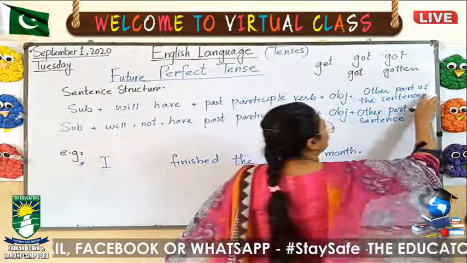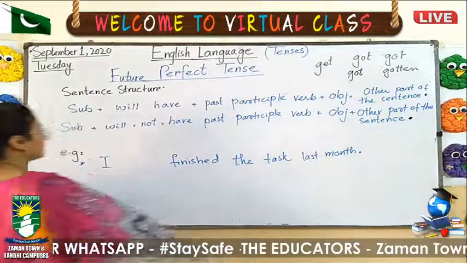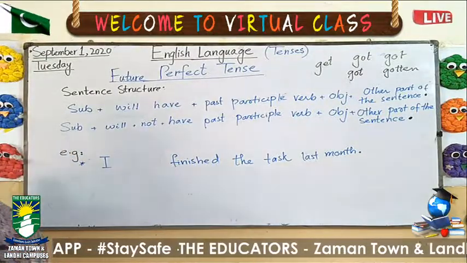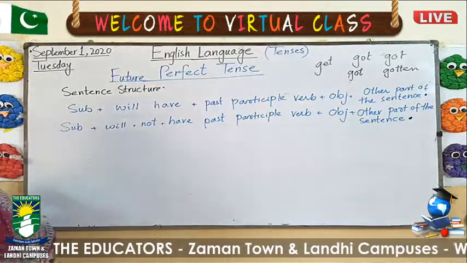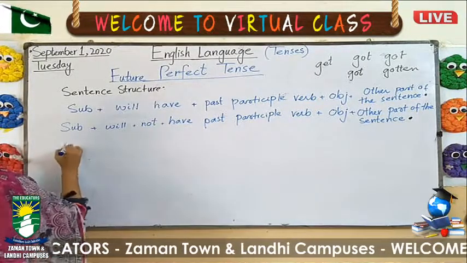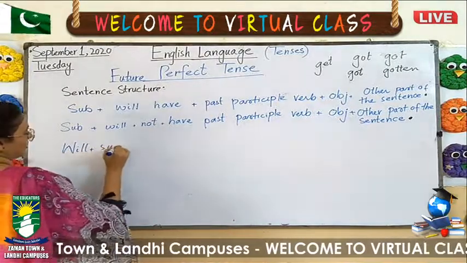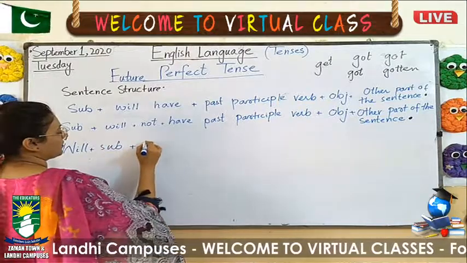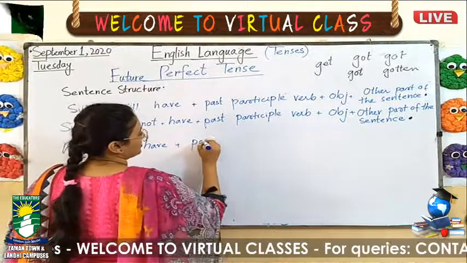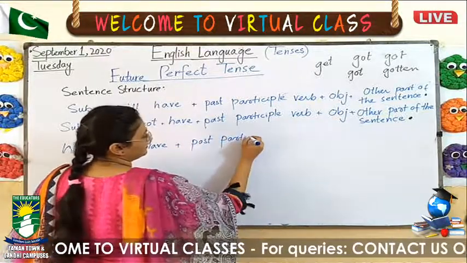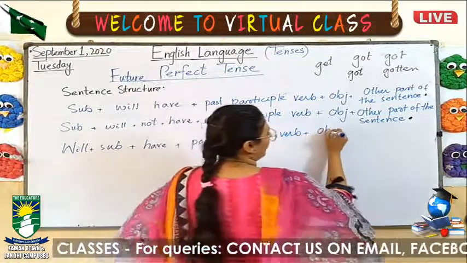Question mark is important. You mostly forget to put a question mark in sentences, positive or negative. One helping verb we will take first, then subject, past participle verb, object.